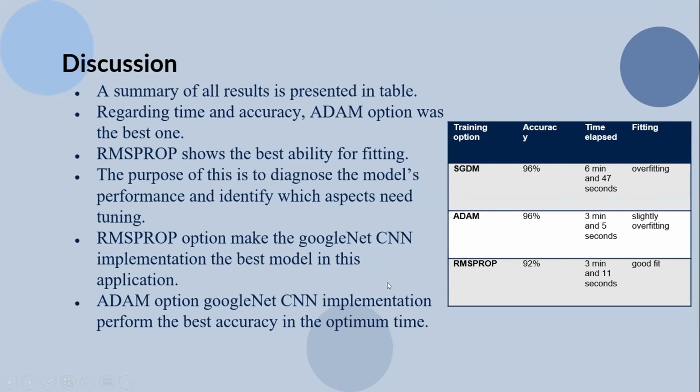RMSProp option makes the GoogleNet CNN implementation the best model in this application. ADAM option GoogleNet CNN implementation performs the best accuracy in the optimum time.